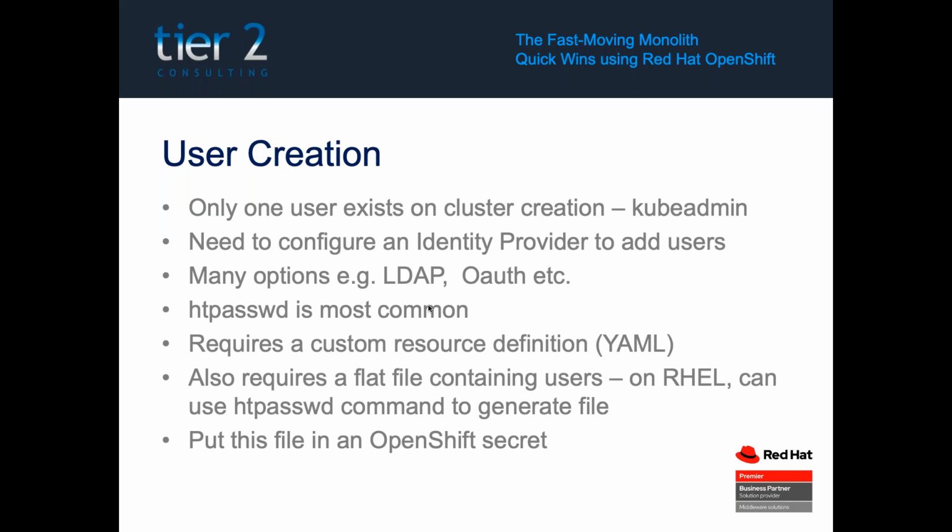And once you've done that, the flat file will need to be stored as an OpenShift secret. That's basically how OpenShift stores all of its credentials. So we'll go through that process of creating the custom resource definition, generating the flat file with the users in it, and then putting that flat file into an OpenShift secret.